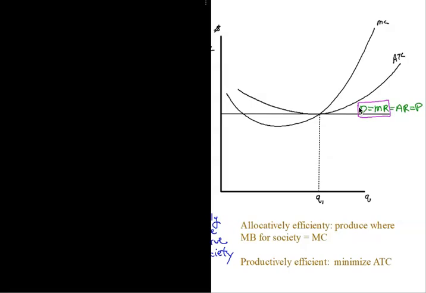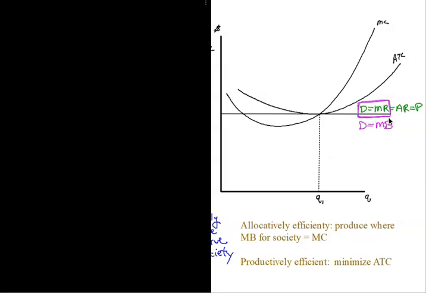So what really is the demand curve? The demand curve really is the marginal benefit for society. It's the marginal benefit curve for society. It tells us how much the society likes this good. Now, notice that demand and marginal revenue are equal to each other.